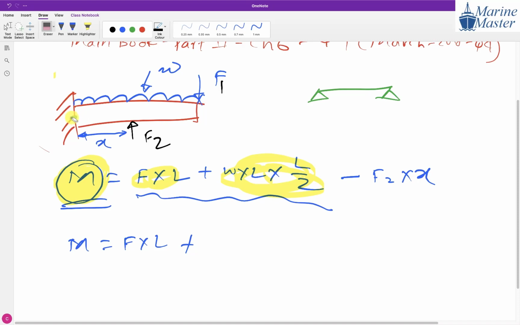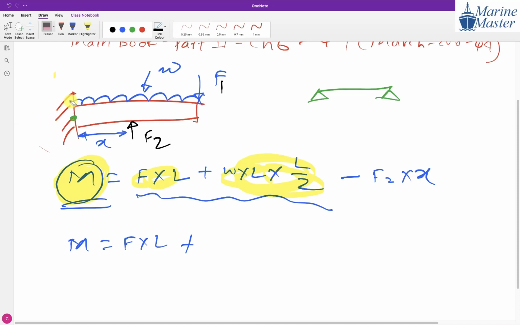At the fixed point, always remember, in case of a cantilever beam, we will have the maximum bending moment. The bending moment is 0 at the free end. At the fixed end, it is not 0. You will say, sir, how? Because at the other side no forces are there. But there are forces on the other side also, guys.